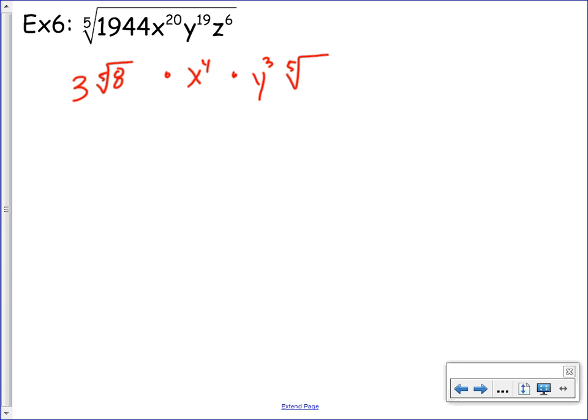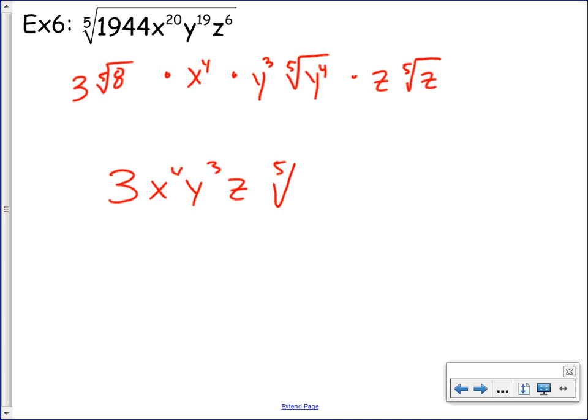So 19 minus 15 is 4. So y to the 4th. And then fifth root of z to 6. So a z. So 3x to the 4th, y cubed, fifth root of 8 y to the 4th, z.